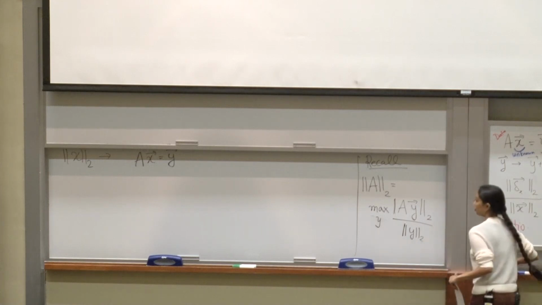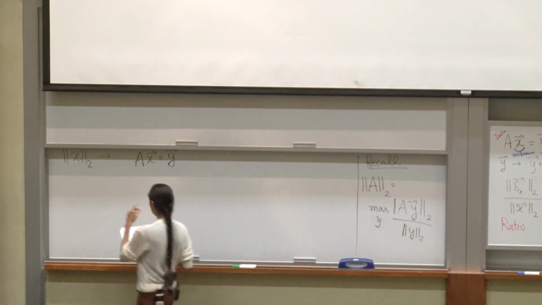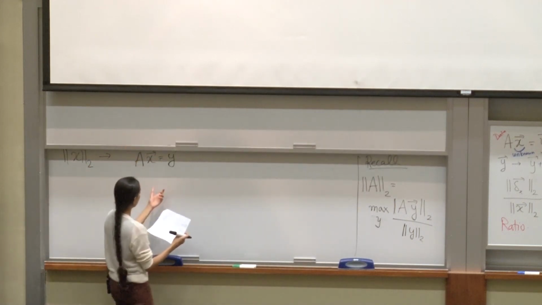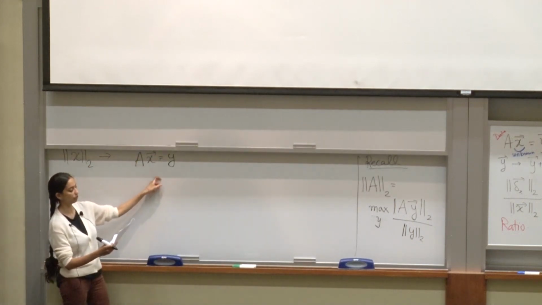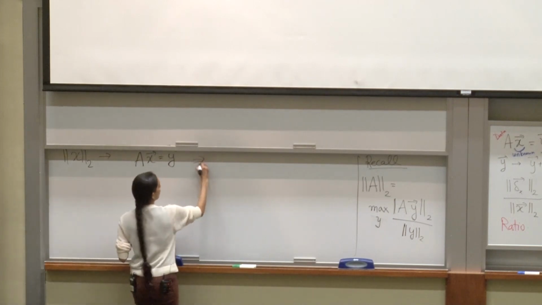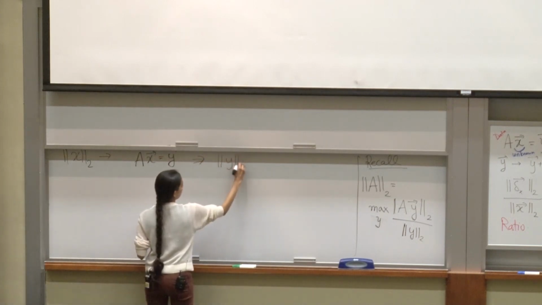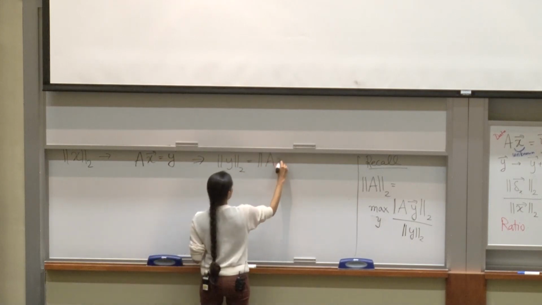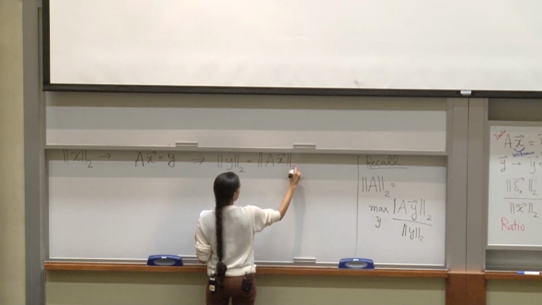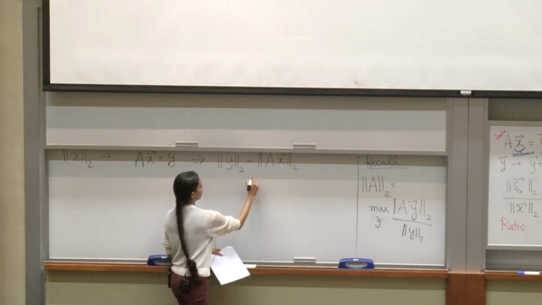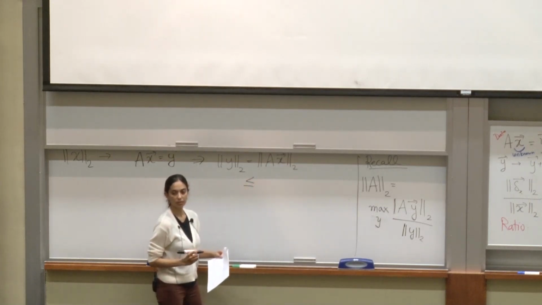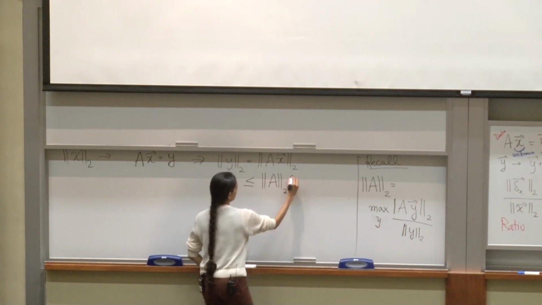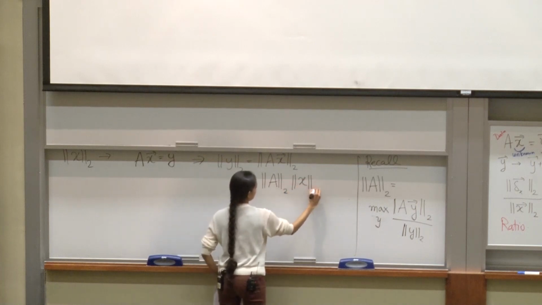Okay? So now, to get this lower bound, what can I do here? Again, I can use the definition of the 2 norm. This implies that the 2 norm of y, which is equal to the 2 norm of Ax, is less than or equal to the 2 norm of A times the 2 norm of x.